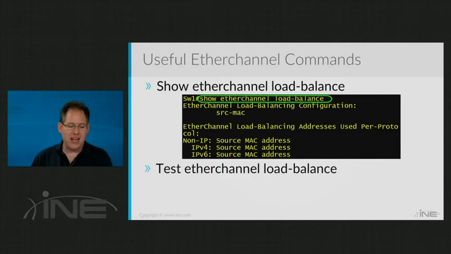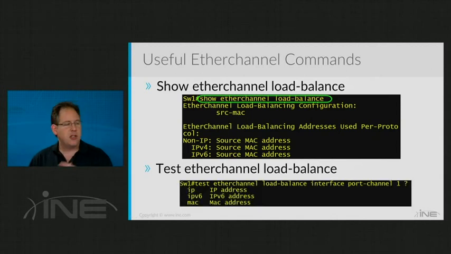Another useful command is the test etherchannel load-balance command. So with this command, you could say, all right, I want to be able to predict, forecast which link in my EtherChannel is going to be used to transmit a particular frame from a particular source.